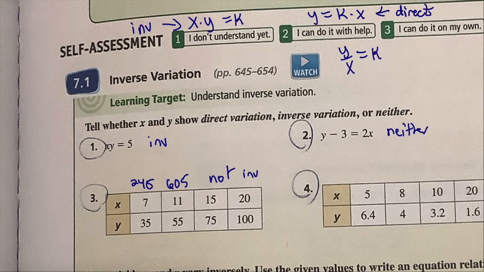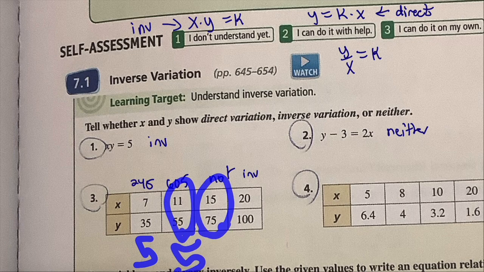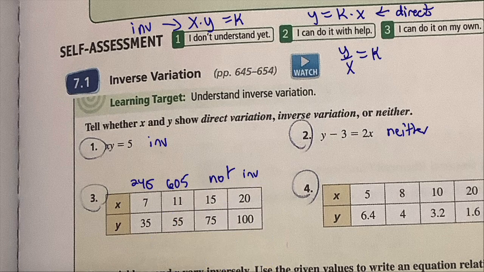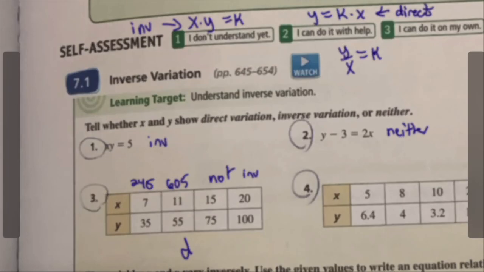So let's try that. So here, 35 divided by 7, always y divided by x, is 5. 55 divided by 11 is 5. 75 divided by 15 is 5. 100 divided by 20 is 5. So that tells me it is direct.